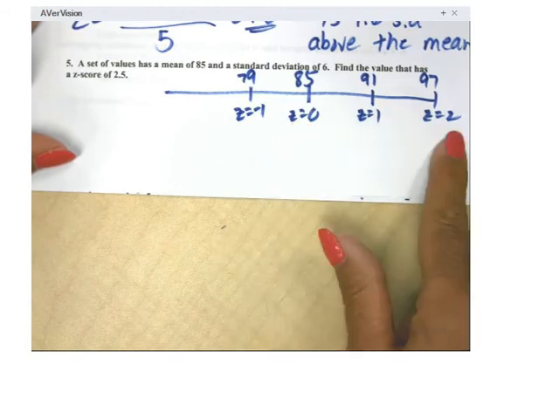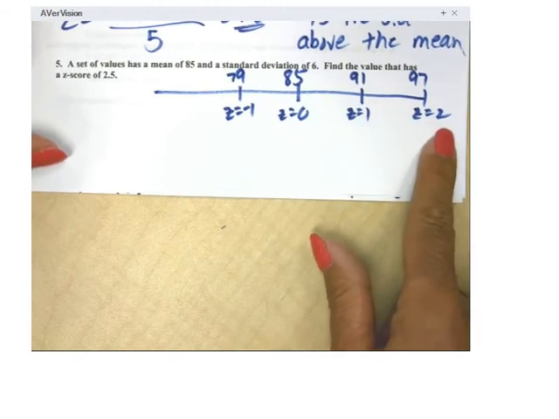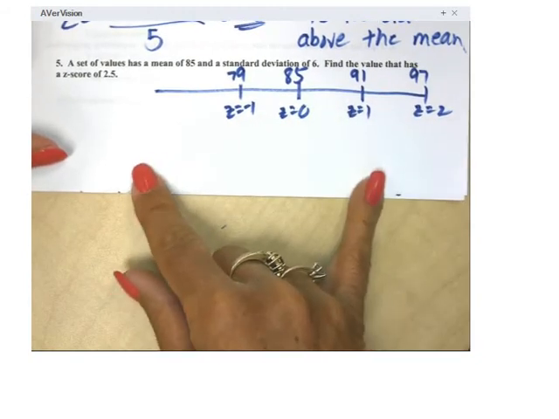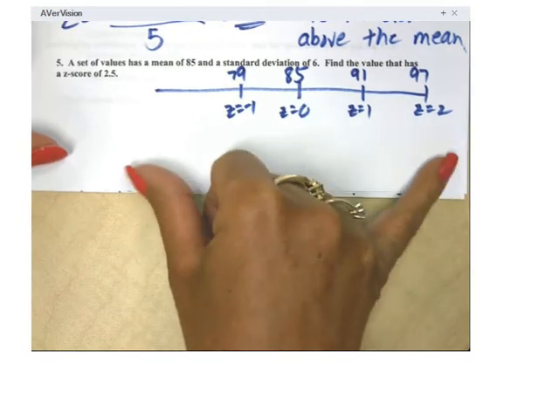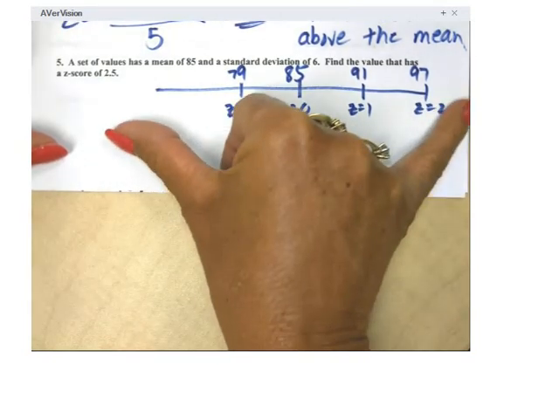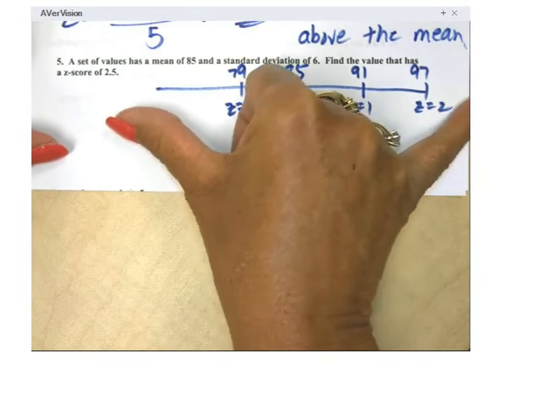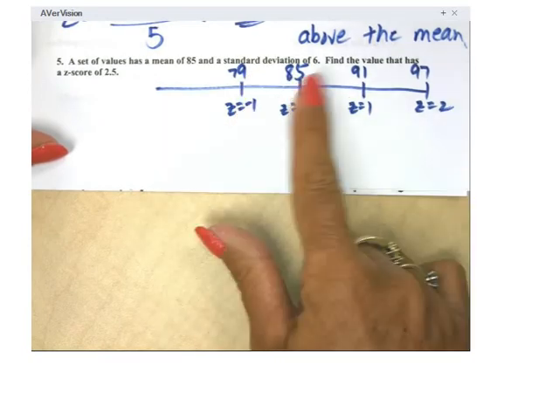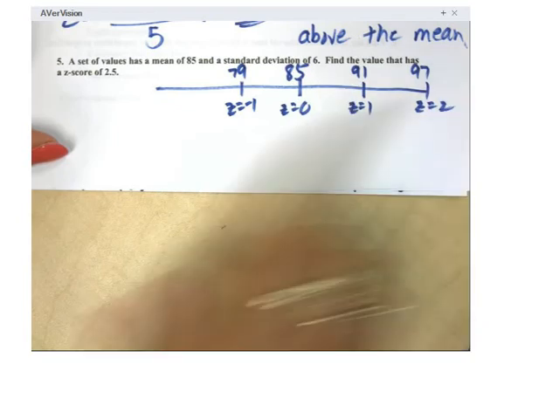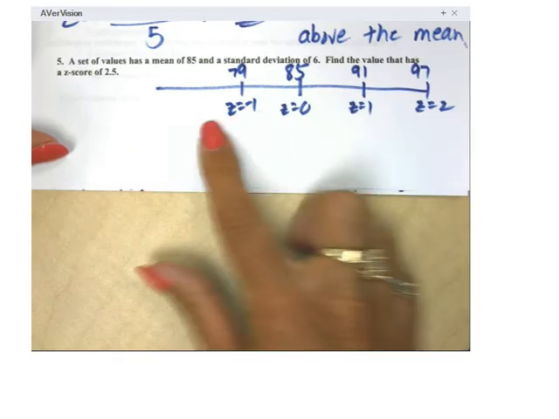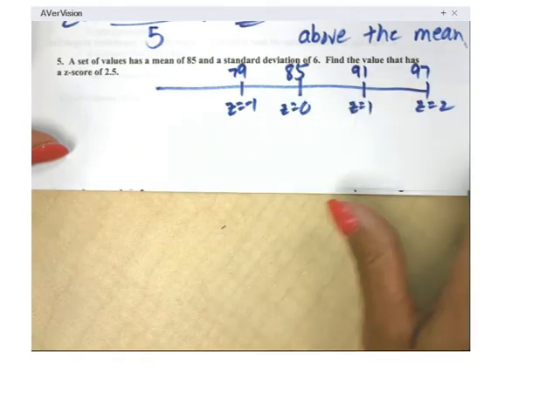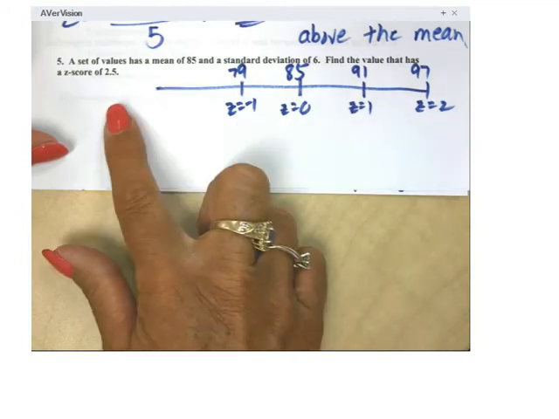If I add on 6 again and go up to 97, that would have a z-score of 2. If I go down 6 units, down to 79, that would have a z-score of -1. So 79 would be 1 standard deviation below the mean, and 97 would be 2 standard deviations above the mean.